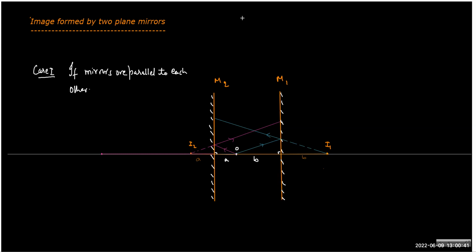And similarly, I2 becomes the object for M1 and forms the image somewhere here. So I1 will form the image for M2 and I2 will form the image for M1. The distances we can easily locate: it's A plus 2B and the other is B plus 2A.